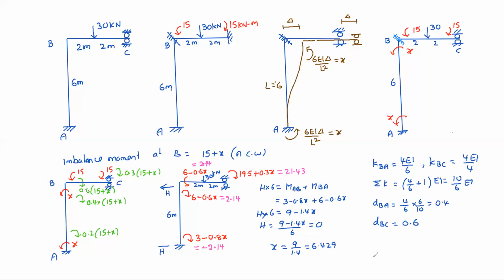So the final moments are like this: 2.14, minus means opposite sign, anti-clockwise. 2.14 here, 2.14 clockwise here, here anti-clockwise 2.14, and here clockwise 21.43. So like that we can find the final moments.